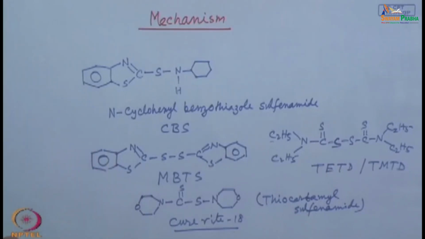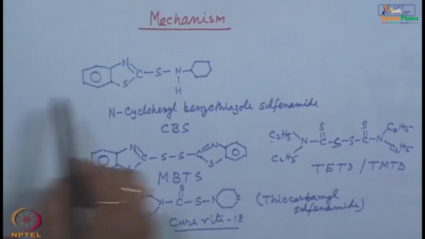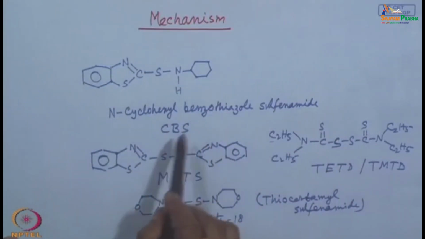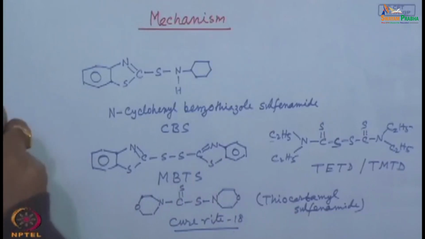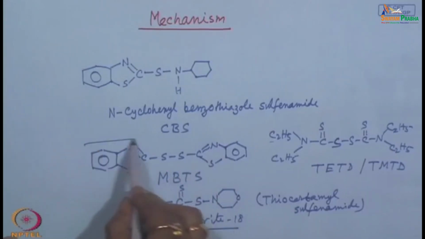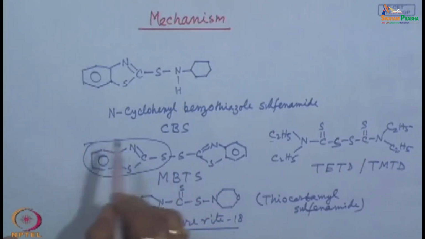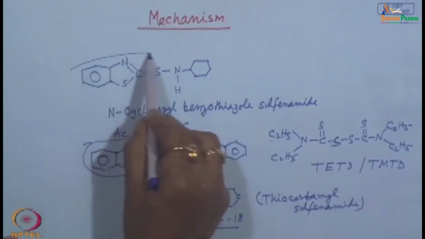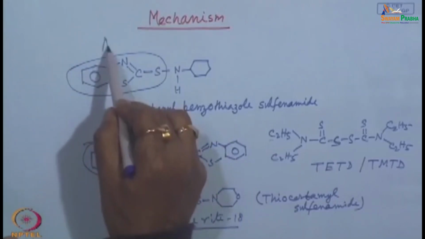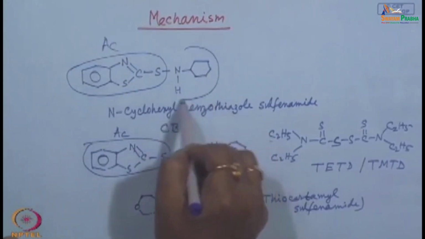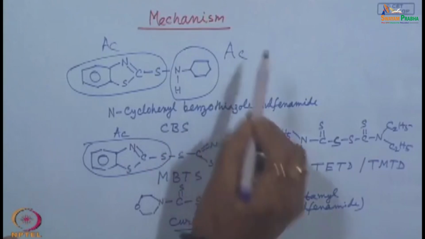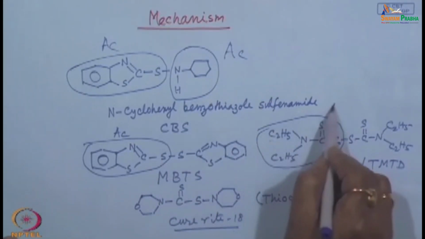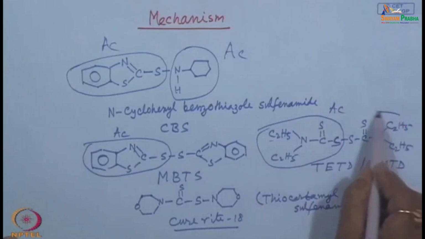Now, let us have a look into this mechanism. The accelerator here can be any of these compounds. Here it is written AC, which represents a part of this structure. This can be AC, this can also be AC, the accelerator residue, this part can also be AC.